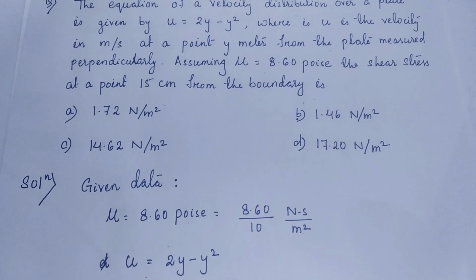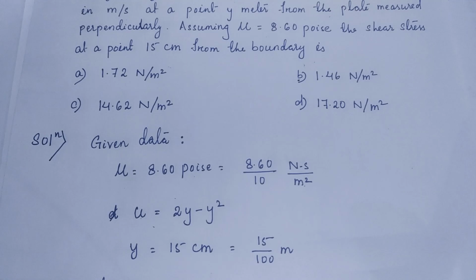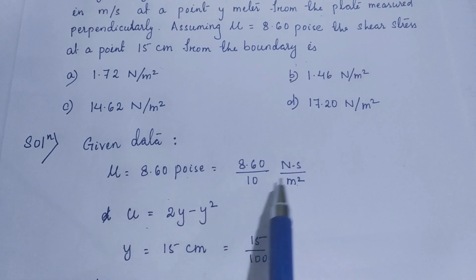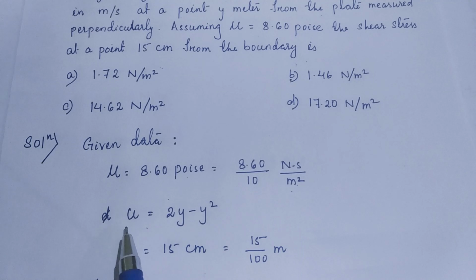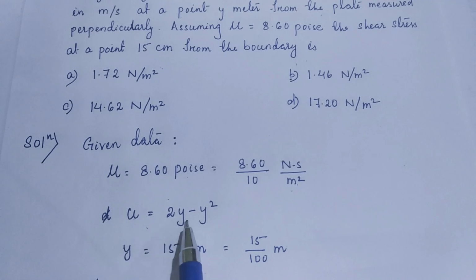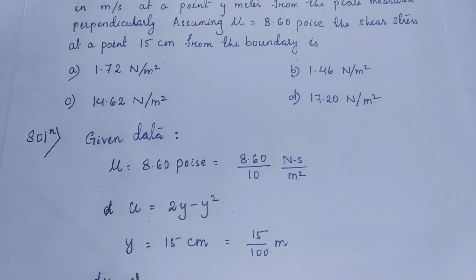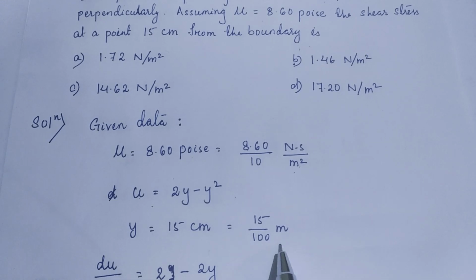So the data given in this question are mu equal to 8.60 poise, that is equal to 8.60 by 10 Newton second per meter square. This is the SI unit. And the equation given here is u equal to 2y minus y square. Another data, y equal to 15 centimeter equal to 15 by 100 meter.